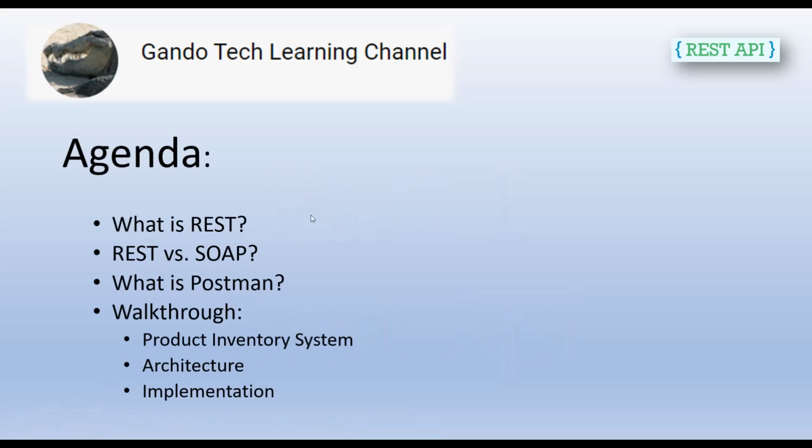So as part of this video, we're gonna start with this agenda. What is REST? What's the difference between REST and SOAP? And what is Postman? And then a walkthrough through a case study, which is a product inventory system.